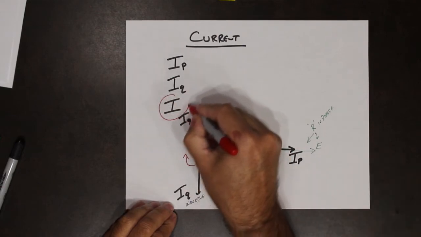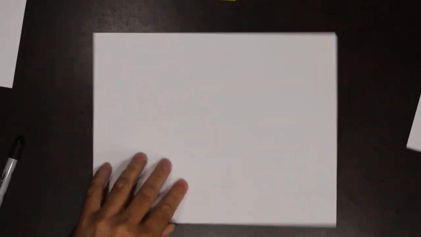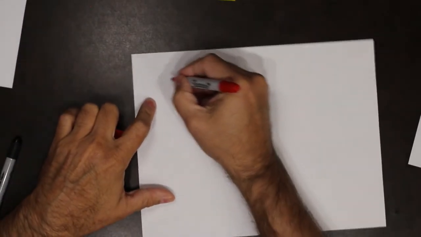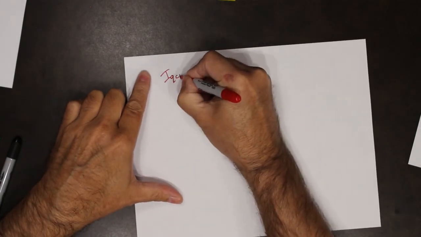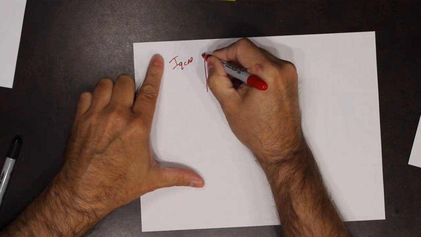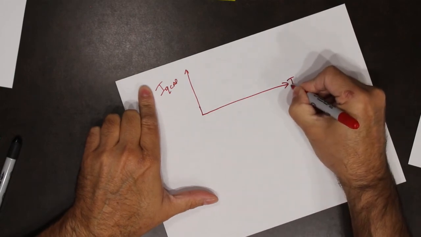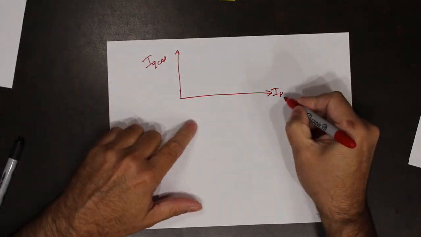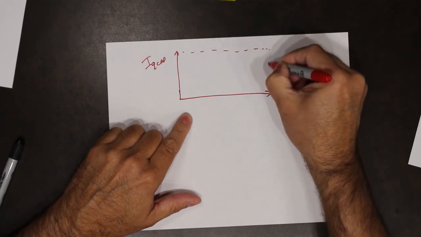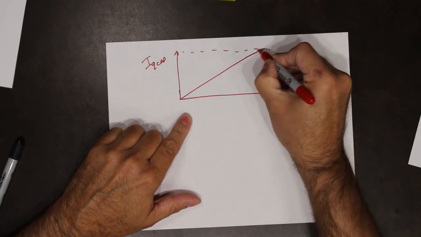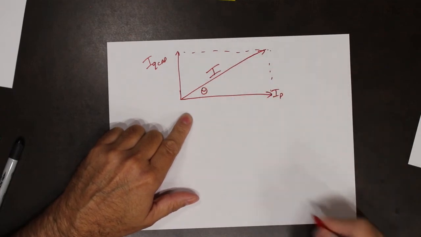So where does this current end up? Well, we have the exact same thing as what we did with the power. If we had IQ of a capacitor and we had active current, when we did the vector sum, this would give us I of the circuit and a phase angle.